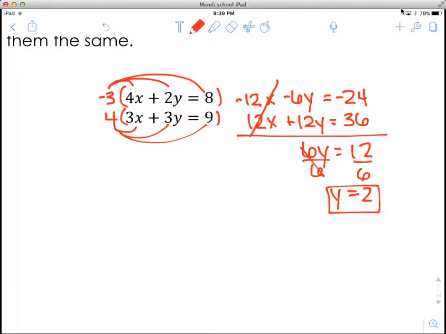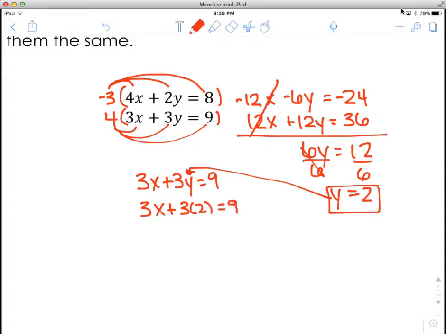So I'm going to pick this bottom equation right here. So I'm going to say 3x plus 3y equals 9, and I'm going to substitute into the y. So 3x plus 3 times 2 equals 9. 3x plus 6 equals 9.